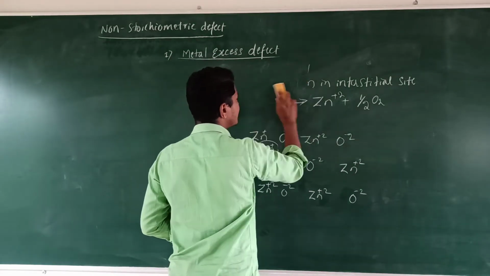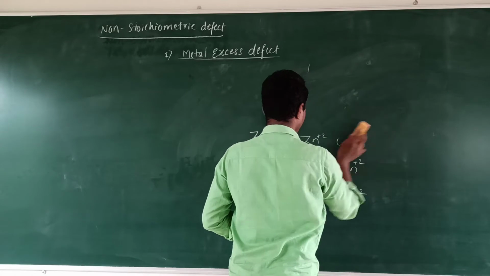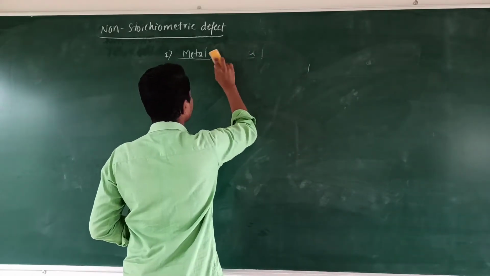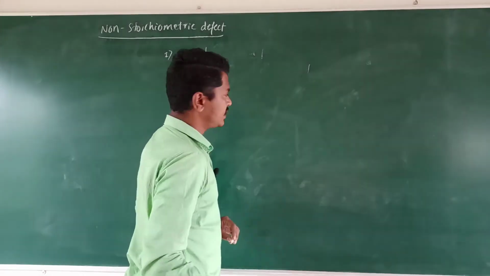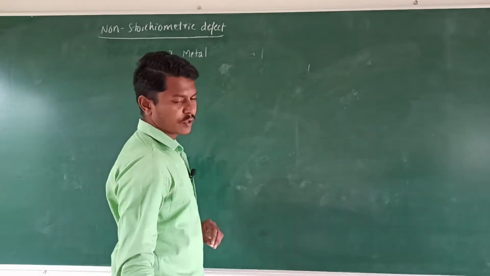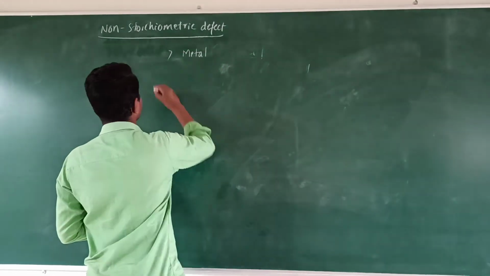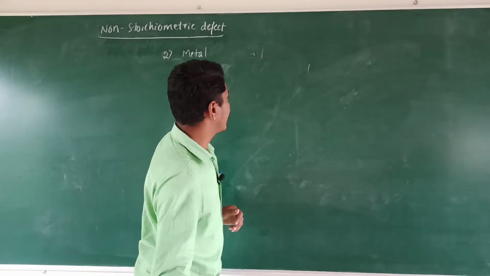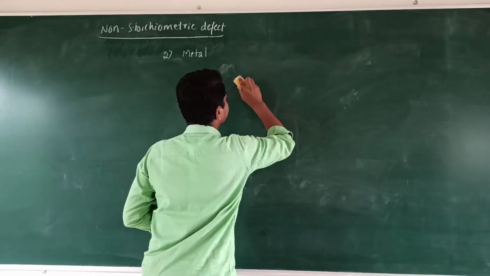Next, metal deficiency defect. The second non-stoichiometric defect is the metal deficiency defect.